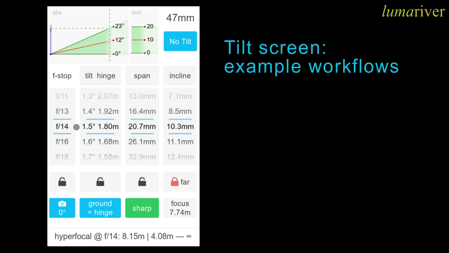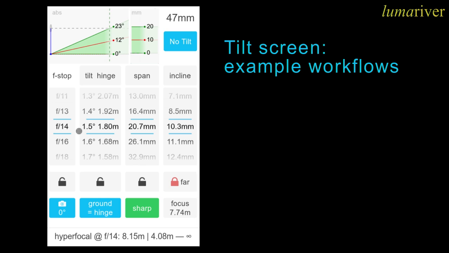If you prefer to estimate with your eyes rather than measure, which is perfectly feasible, you may prefer to have the span configured as percentage of sensor width or height, which is also possible. Now when we know the tilt is 1.5 degrees and f-stop f14, we have all we need. We just focus at the middle of the tallest feature and shoot.